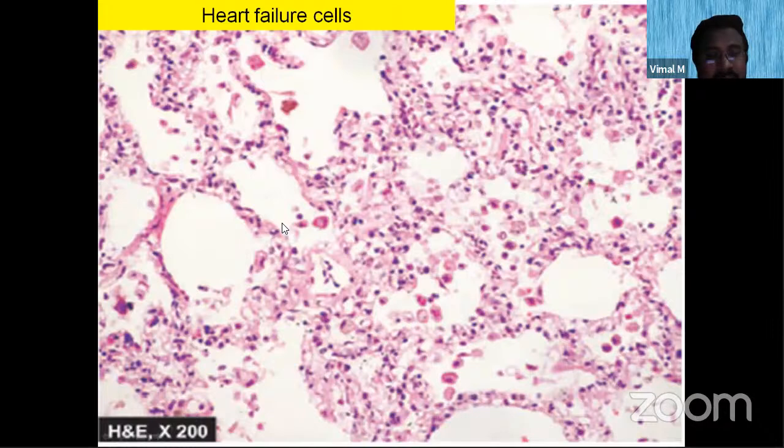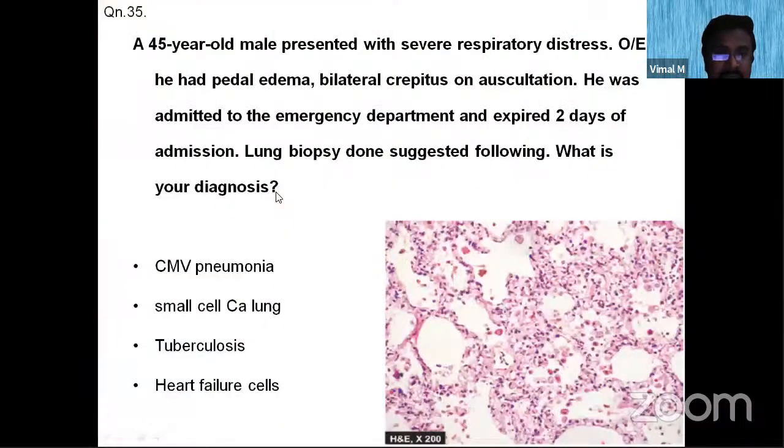If you carefully appreciate this picture, these are all the heart failure cells. Heart failure cells are nothing but alveolar macrophages which have engulfed the liberated RBC, that is, hemosiderin. So with this background knowledge, we'll try to solve this.